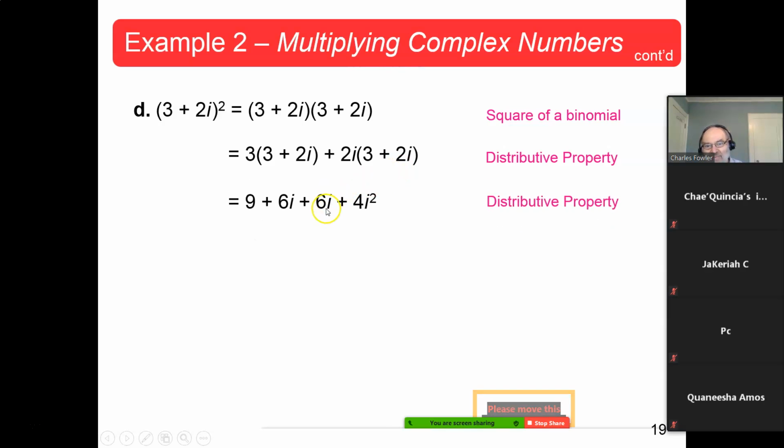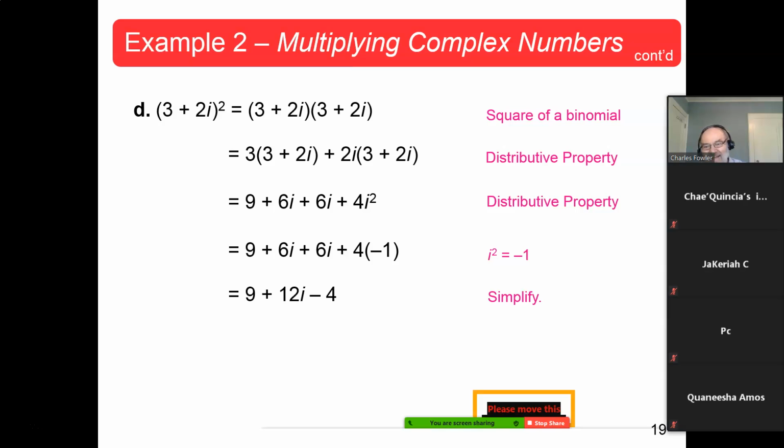And then they note that 4i squared is minus 4, so it's 9 minus 4. Well, there they did, i squared is a minus 1, and that's what you get. They take a lot of steps to get there, but 9 plus 12i minus 4, and then 9 minus 4 is 5 plus 12i. So they took a lot more steps to get there, but they got the same answer.